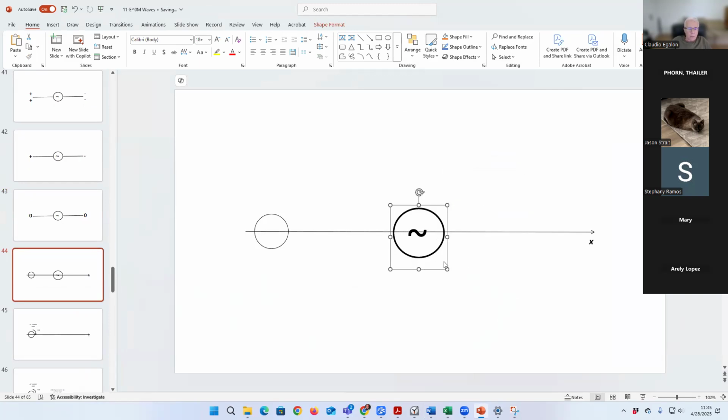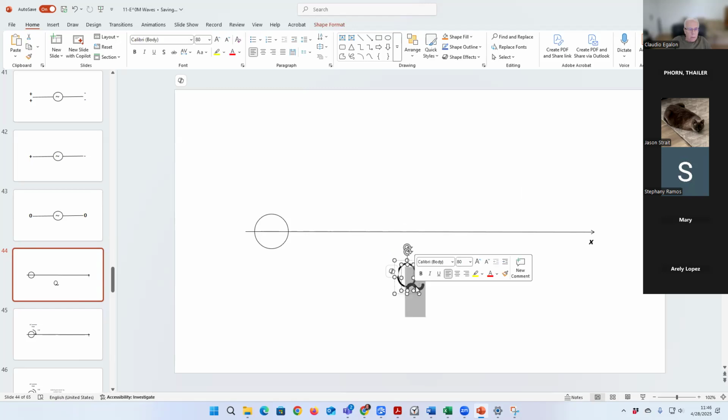Group them. Here you go. I have to make it smaller. Too small now. Yeah, okay, that's good. We're getting there.